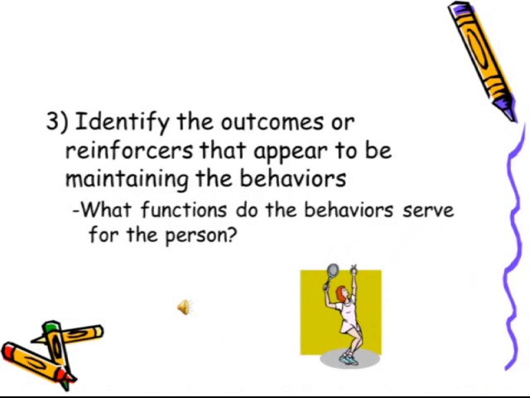The next outcome for a functional behavior assessment is identifying the reinforcers. What are the things that happen after a behavior that reinforce the behavior and maintain the behavior? In other words, what is the student trying to get out of this behavior?